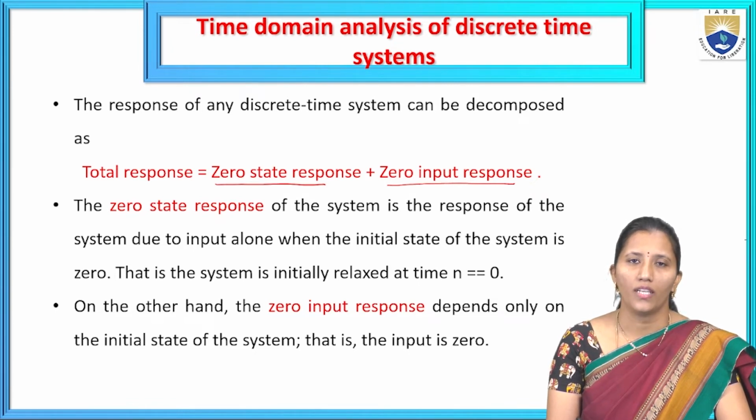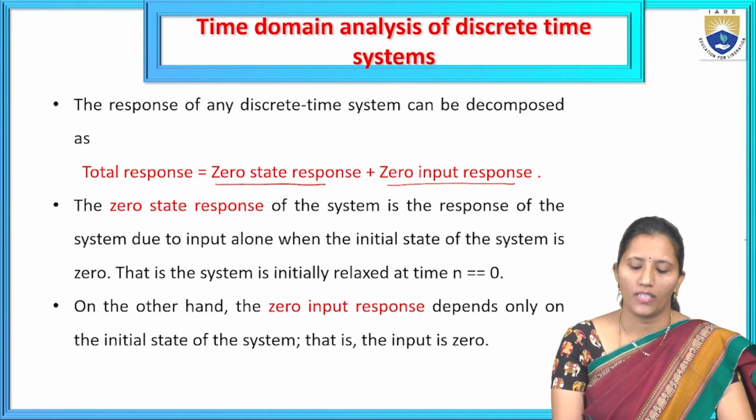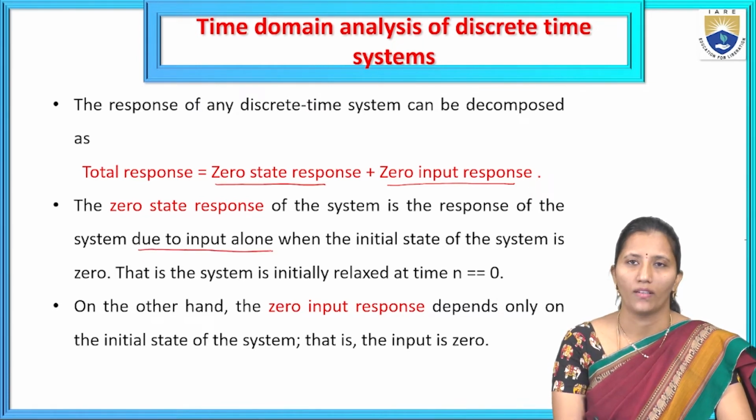The zero state response of the system is the response of the system due to input alone. So the initial state of the system is 0. Whatever the initial conditions of the system, we have to assume the initial conditions as 0, and the system will depend on only the input in the zero state response.